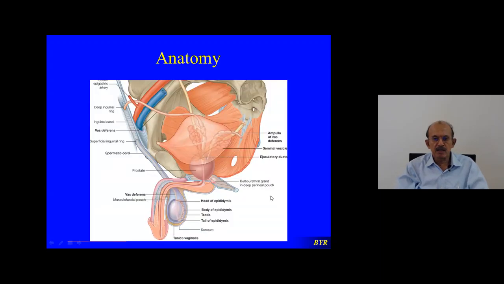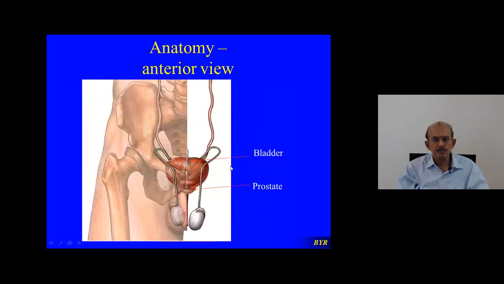Anatomy of prostate. Prostate is situated below the bladder neck, enclosing the upper part of the urethra. You can see this is the urinary bladder and this is the prostate gland.